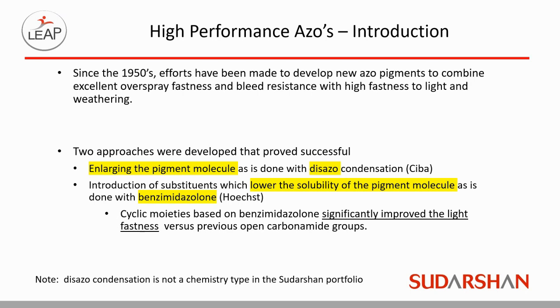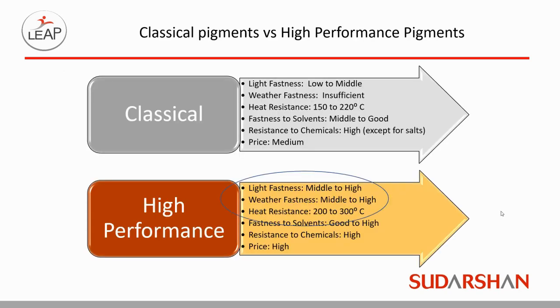The second one was to lower the solubility of that particular pigment molecule, which is the benzimidazolone chemistry. For Pseudoshan, we only have the benzimidazolone type chemistries. We do not contain the disazo condensation in our portfolio. So some examples, again, these are developed for improved light fastness, weather resistance, and higher heat resistance to get those higher performance applications in that yellow space.